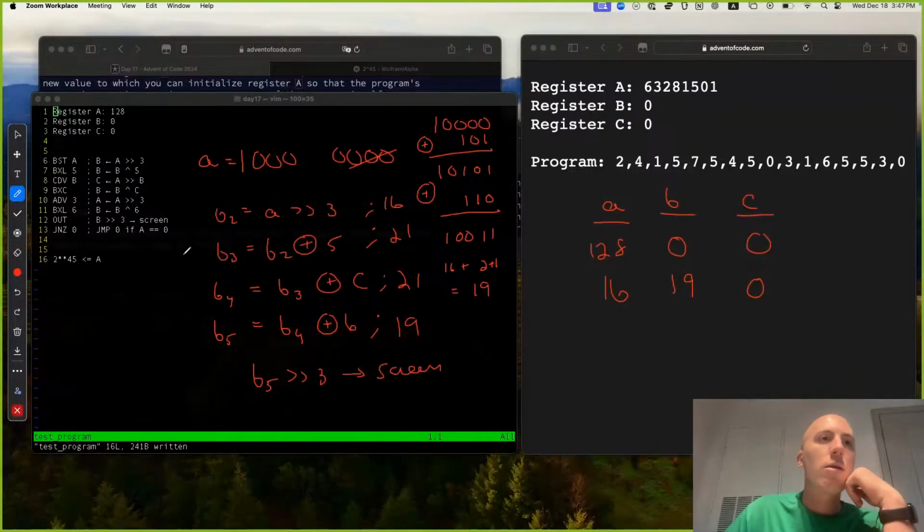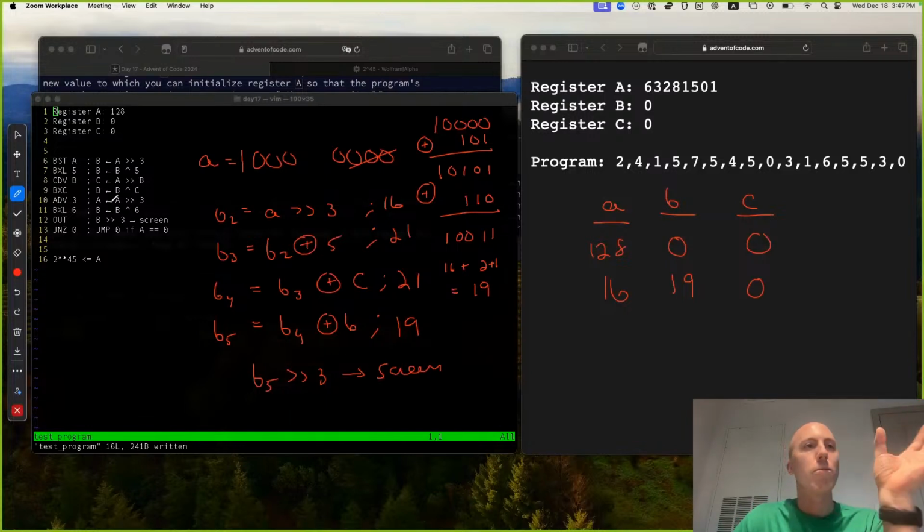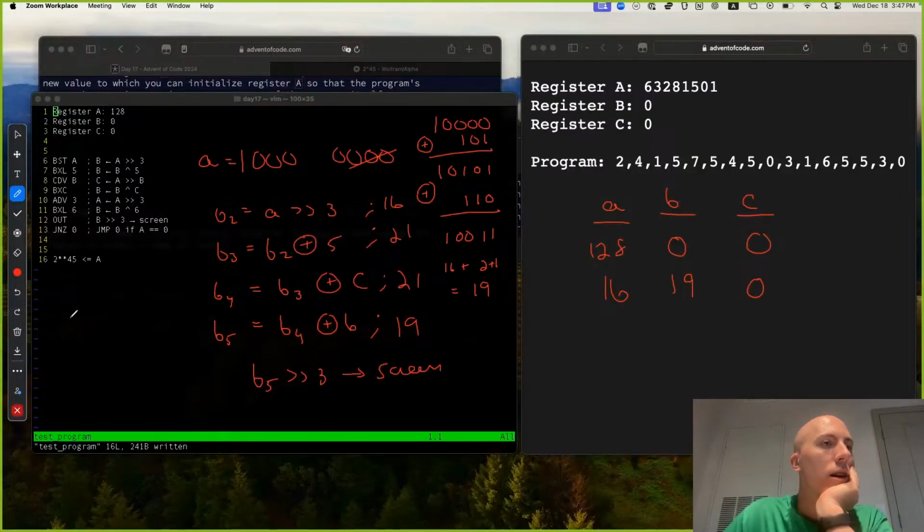So the only thing I know is that C is just going to be A bit shifted over by the number in B. So if B is big, then C is just going to go to 0. If B is small, then C is going to be close to A, or big.